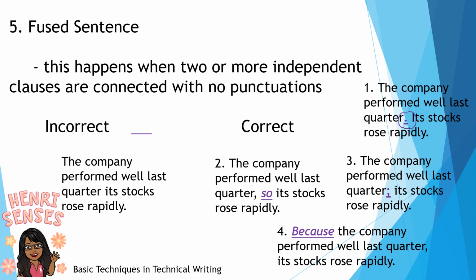Just simply place a period after the first independent clause. Then, another period, of course, for the second independent clause. Next, if you do not want to do it, we can use a coordinating conjunction after a comma. So what will happen is: the company performed well last quarter, comma, coordinating conjunction, so its stock rose rapidly.